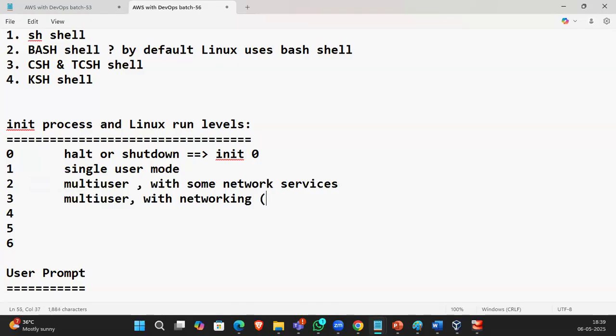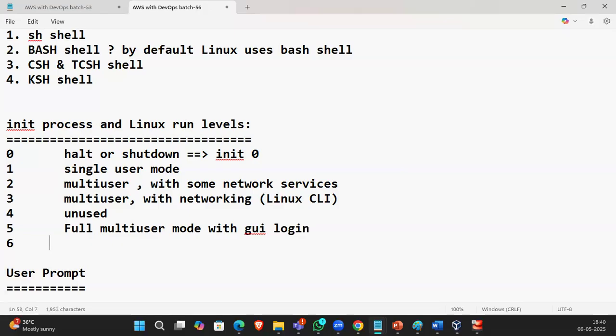Linux CLI is multi-user. The fourth one is unused. The fifth one is Linux with GUI: full multi-user mode with the GUI login. What is that? Full multi-user with GUI login.